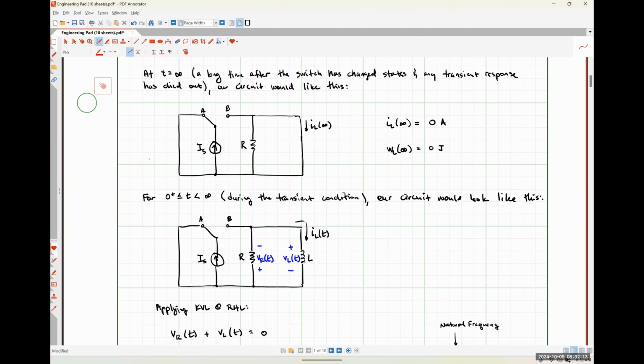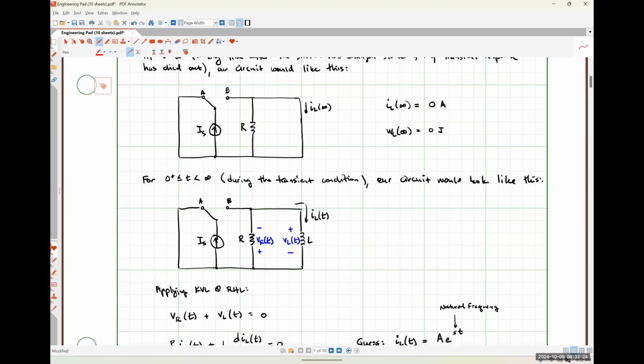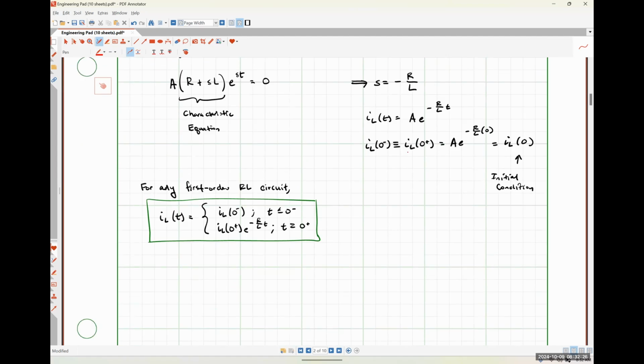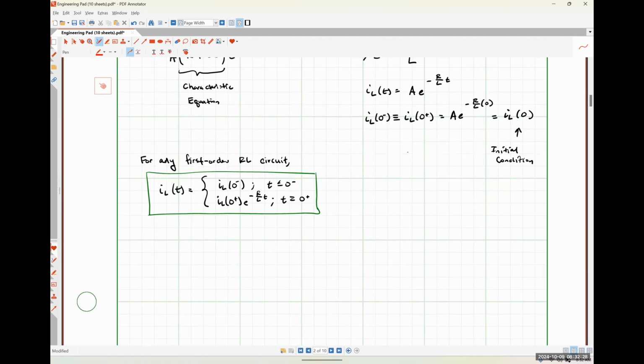So according to Ohm's law, the voltage drop across my resistor is nothing more than the resistor value times my inductor current, right? So we could say for our particular system where we were just deriving things, I'm going to do this in blue because this is kind of a side-ish thing, but VR of t is nothing more than R times IL of t.